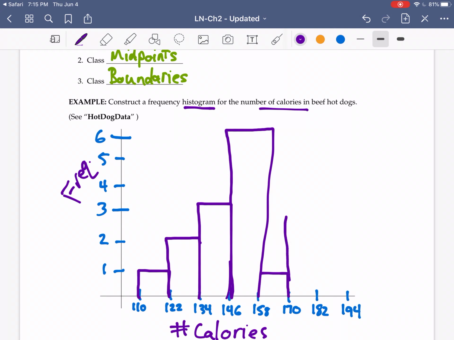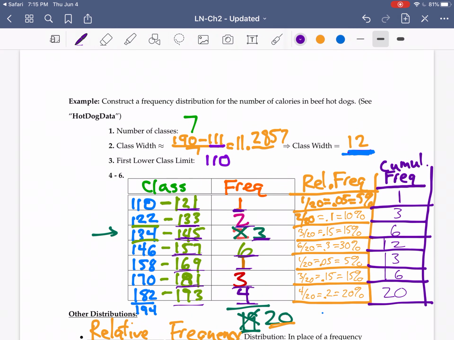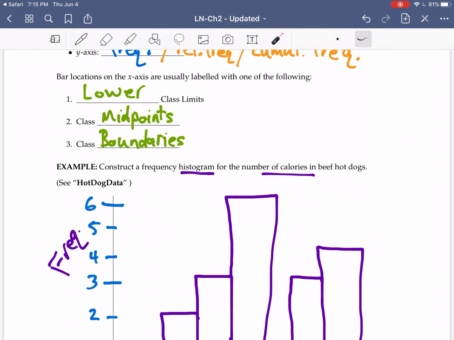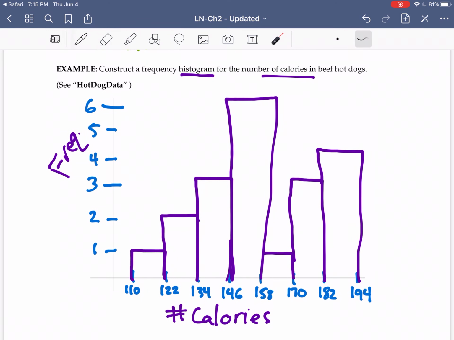And then a height of 3. And finally a height of 4. Let me flip back just so you can see those again. Right. So we see our height of 3. And then we see our height of 4 for our final class. So this is our frequency histogram.